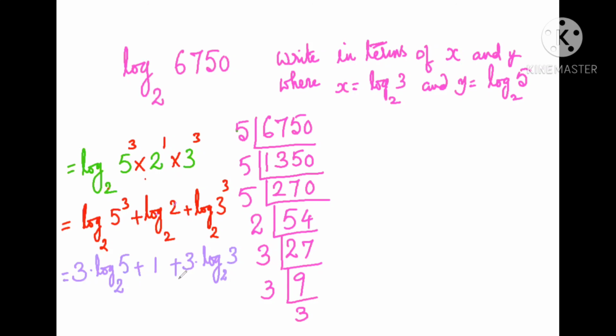Now substitute the values. Logarithm of 5 base 2 is equal to y, so substitute y in its place. This gives 3y plus 1. And 3 logarithm of 3 base 2 is 3x.